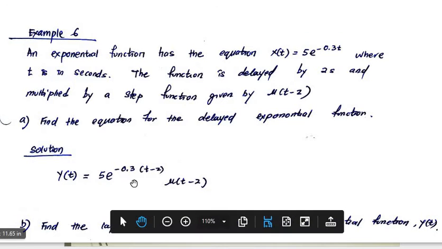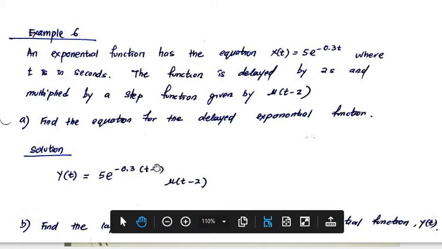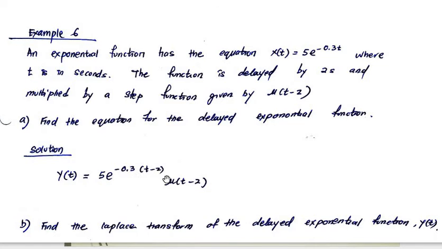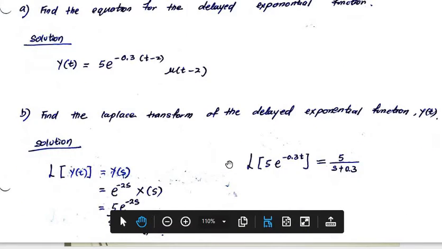So y(t) equal to x(t), which is 5 e^(-0.3t), and then the function is delayed by 2, so u(t minus 2). Initially it is 0.3t, but since the function is delayed by 2, it changes to t minus 2. Then find the Laplace transform of the delayed exponential function.